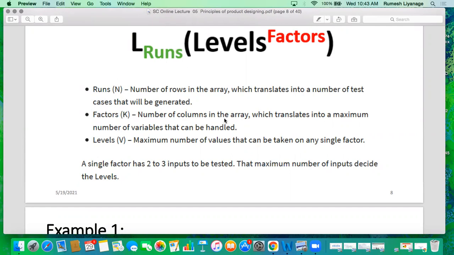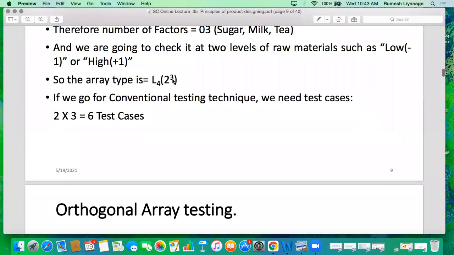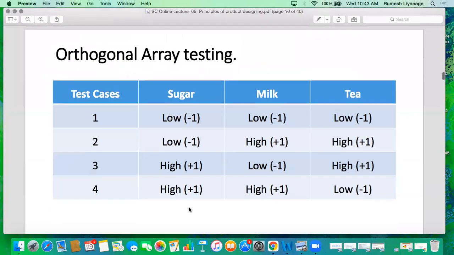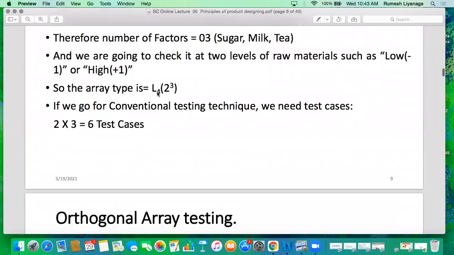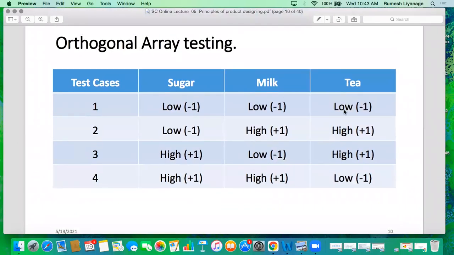So the number of rows and number of columns are important. Here you can see 3 columns and 4 rows, and we are going to check at 2 levels. So this is the orthogonal design.